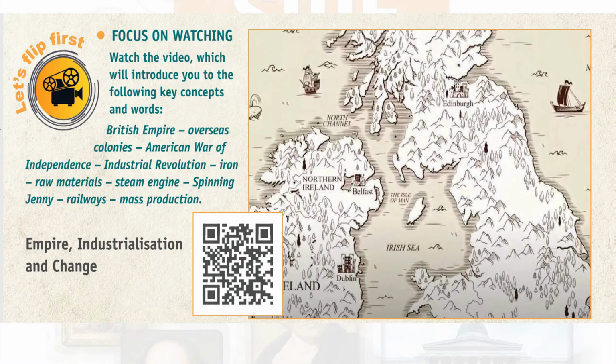Okay, each section opens with a flipped classroom activity. So a video is provided, which illustrates the main historical, social, and cultural aspects of the age considered. In this case, the period is the Romantic Age.